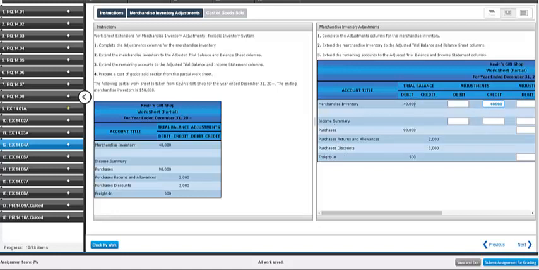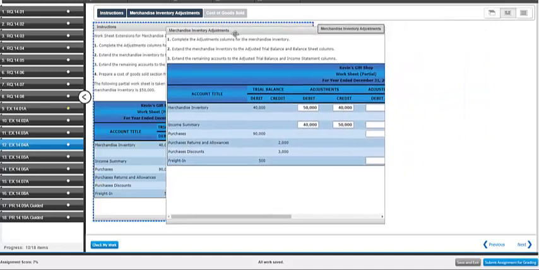We're going to credit merchandise inventory for 40 to get rid of it, and then our offsetting adjustment will be to income summary. Okay, the second part of the inventory adjusting entry is to put in the new balance. So we need to debit merchandise inventory for the new balance and then credit income summary.